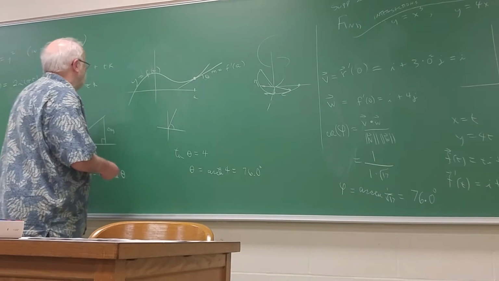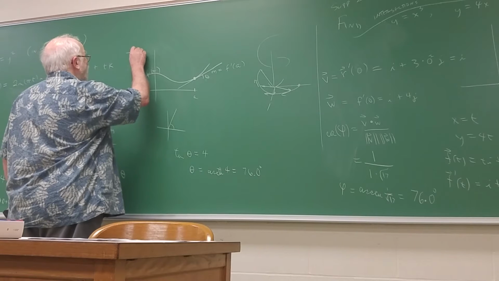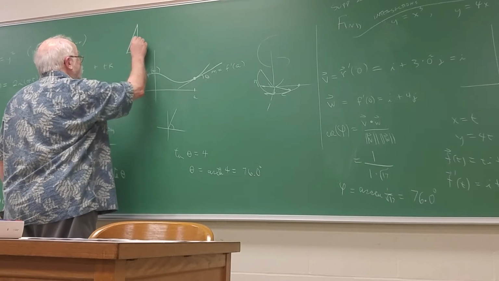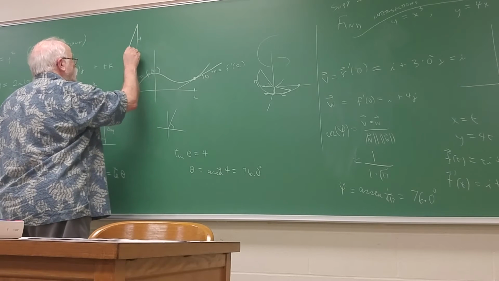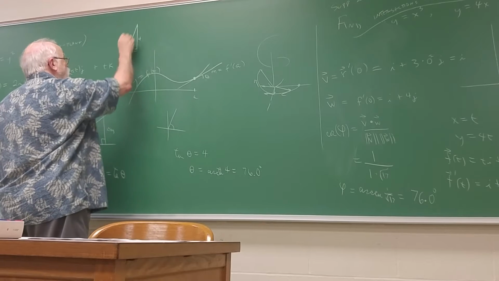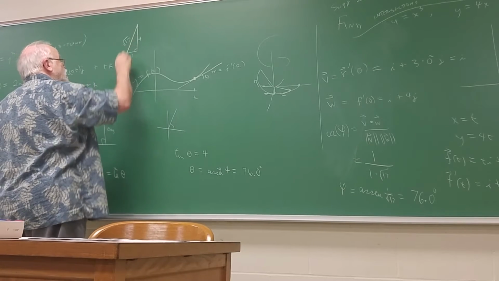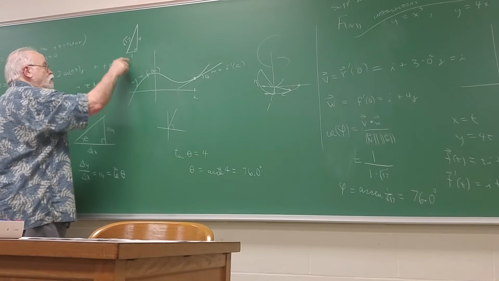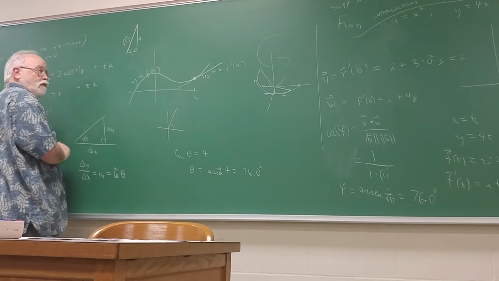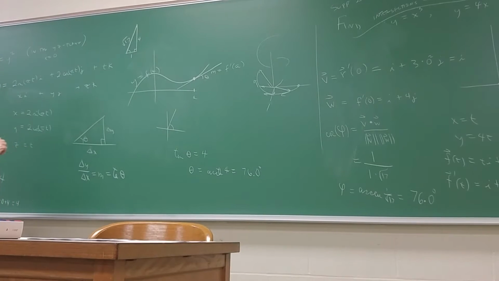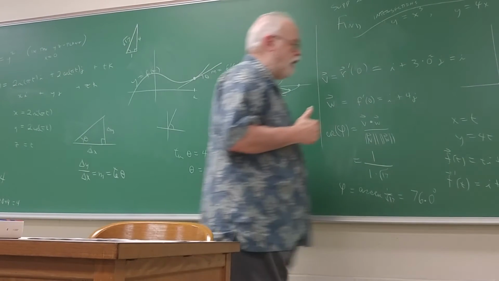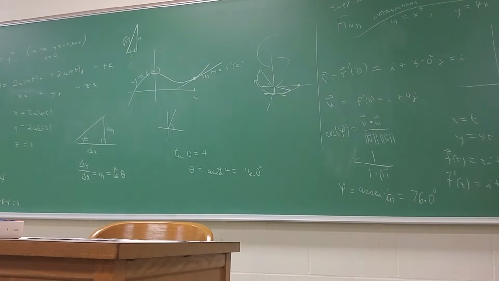So think about that a minute. Here's 4. Here's 1. What's this hypotenuse here? Square root of 17. So when I do the arc cosine of 1 over root 17, I'm getting my angle. Nothing to it. 2-dimensional angles are easier than 3-dimensional angles.